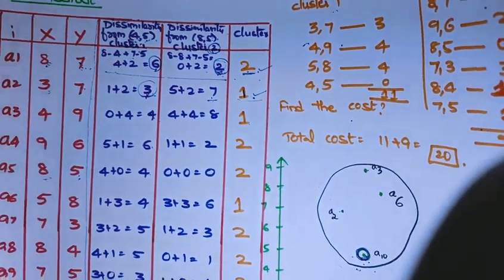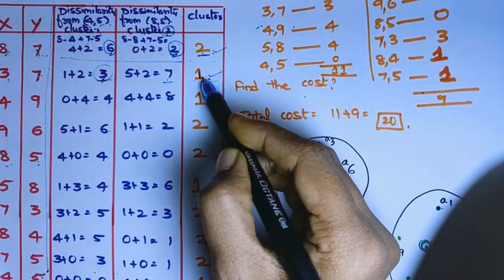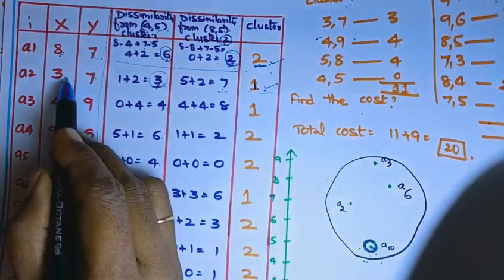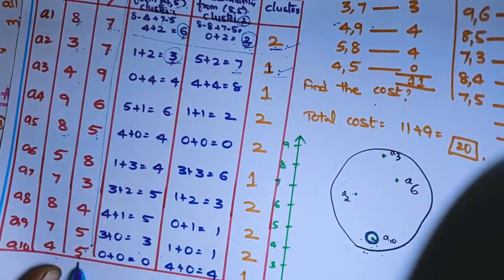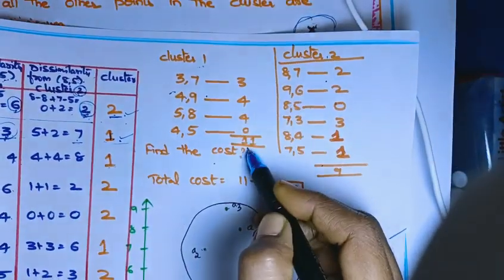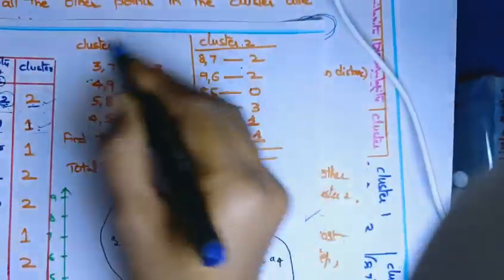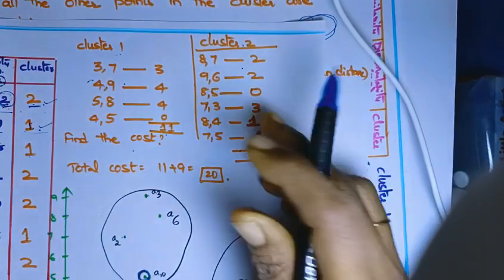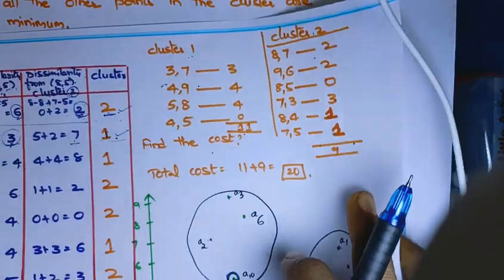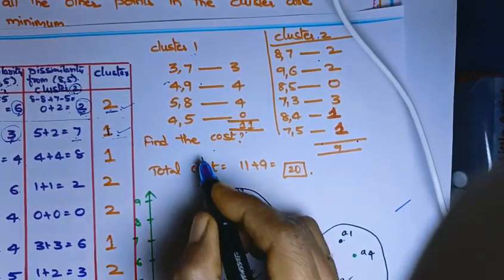After mentioning all this, the data points coming in cluster 1 are 3 comma 7, 4 comma 9, 5 comma 8 and 4 comma 5. Cluster 1 points you need to write under cluster 1, and cluster 2 data points you need to write under cluster 2. After writing that, you need to calculate the cost.